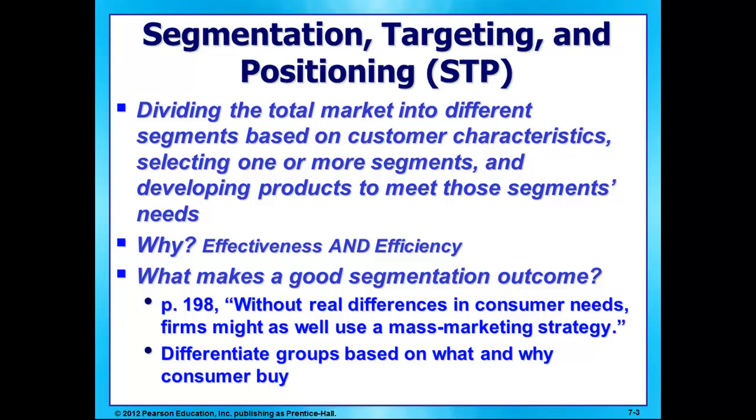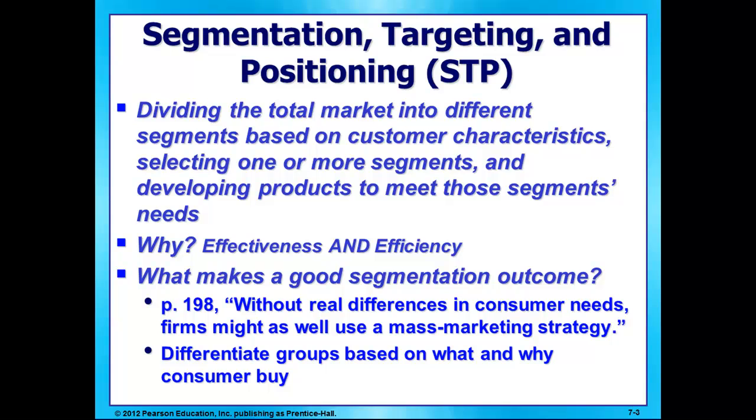The key thing to keep in mind here is that marketers are trying to create groups in the market that have real differences, not only in the choices that the customers in that segment make. Those choices from segment 1 should be different from the choices in segment 2, as well as how customers buy.